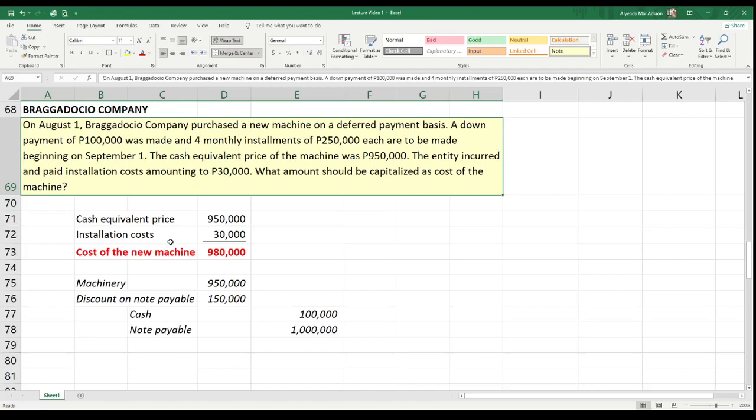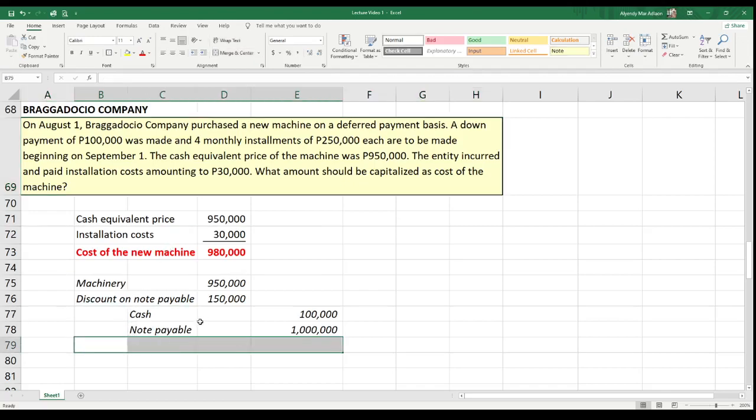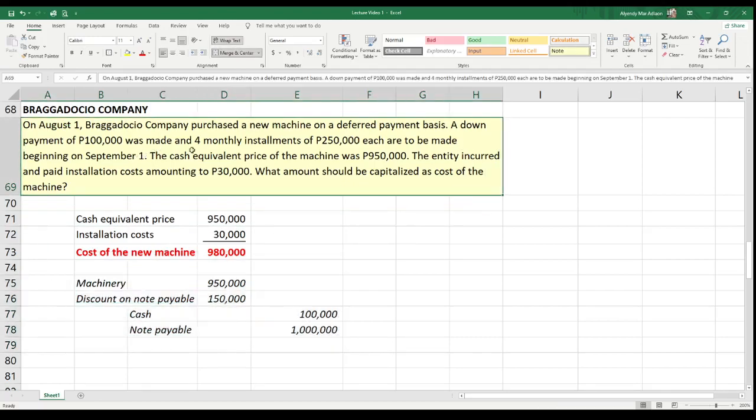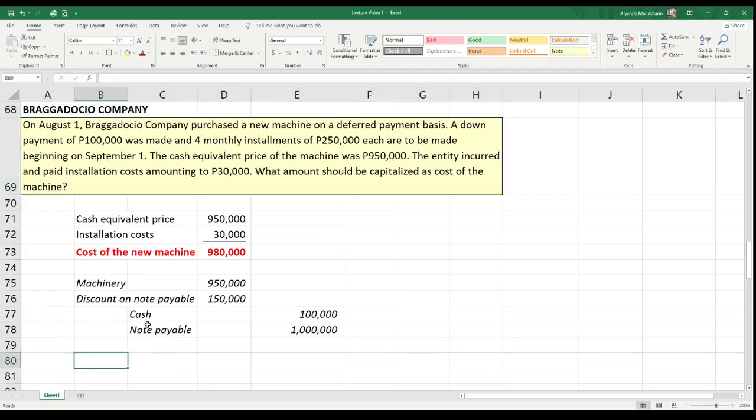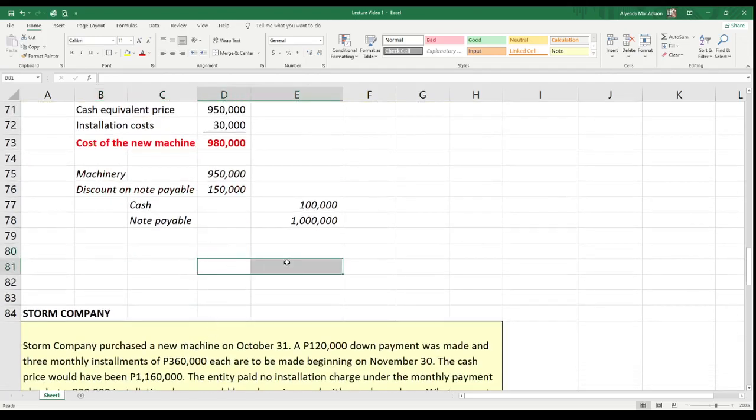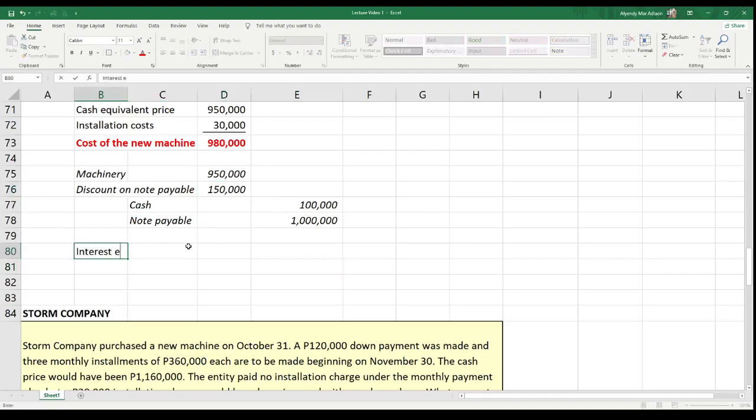Right? Those are your adjusting entries in your basic accounting. You only compute interest every end of the year. So, in this case, by the end of the year, it is fully paid. So, what will happen? At the end of the year, debit interest expense, credit discount on note payable, the whole 150,000 that we computed.